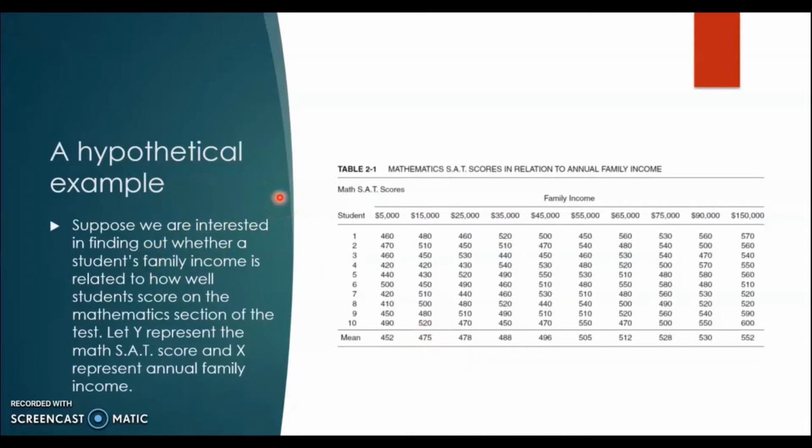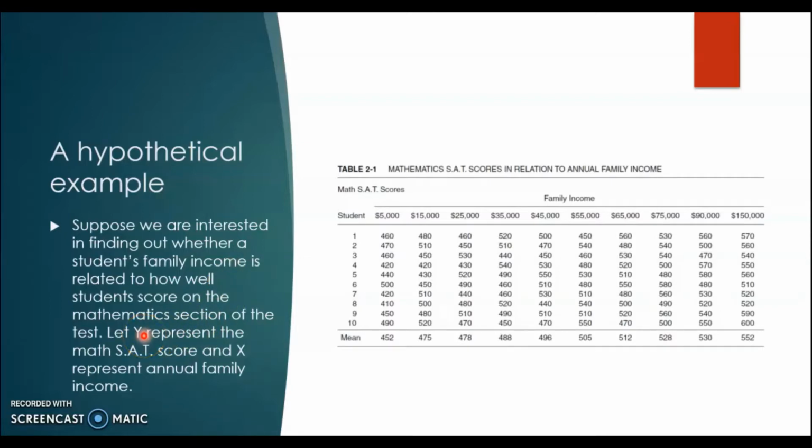As an example, suppose that we are interested in finding out whether a student's family income is related to how well students score on the mathematics section of the SAT test.